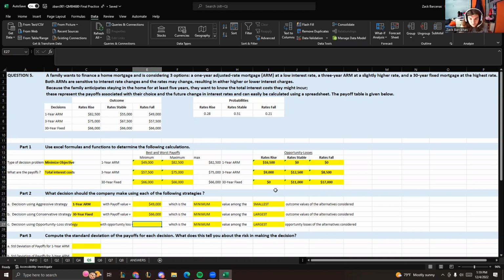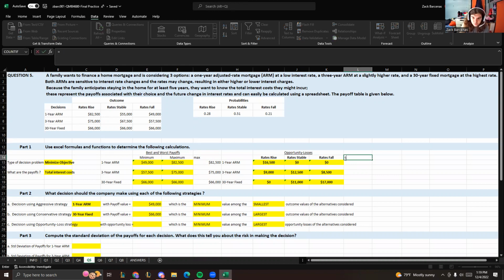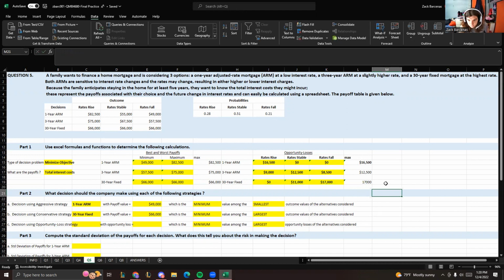And then for the opportunity loss, we're going to want the minimum among the largest. So we're going to want to do maximum, and then we're going to find the smallest, which is going to be equal to this one.